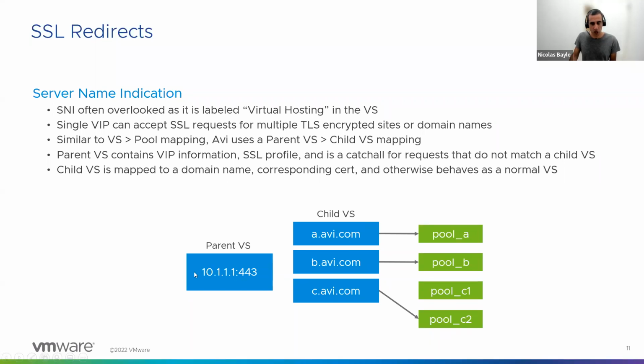As you can see here, for a.rv.com, b.rv.com, or c.rv.com, if you resolve this FQDN by DNS, it will give you this specific IP, 10.1.1.1. But given the name or the path that you are using in your HTTP request, traffic will go to a different virtual service. So you have two levels of virtual service: the parent VS and the child VS.